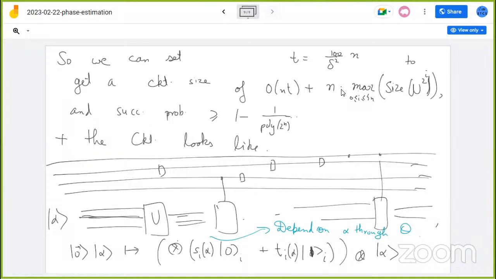For each m. So now you see, basically, what is the probability of measuring a particular thing? The length of the projection is the length of whatever this coefficient is. Because alpha and beta are orthogonal, it is f of alpha m squared by 2 plus f of beta m squared by 2.